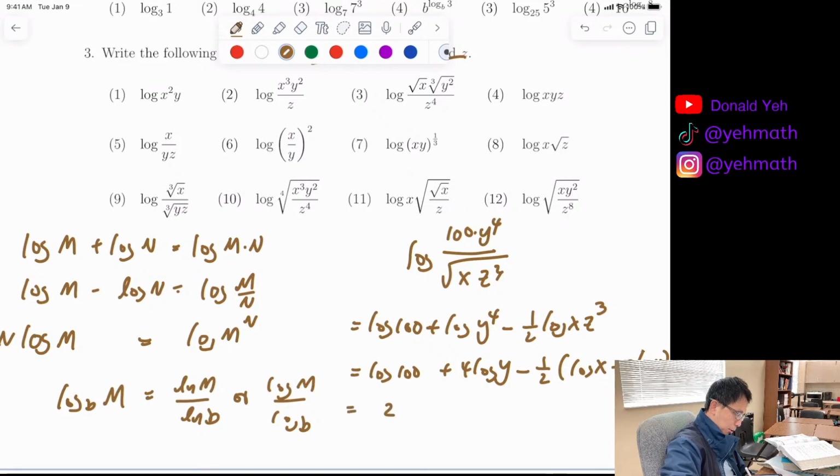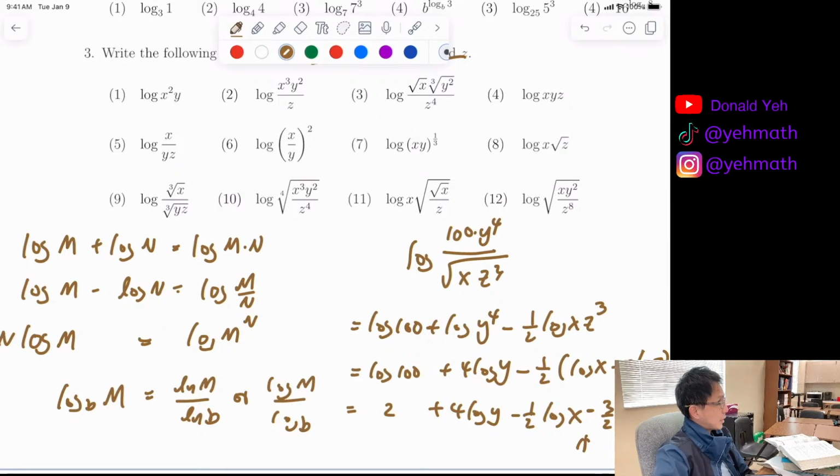So this is 2 plus 4 log of y. Okay, 3 log of z. Yeah, this is z. So minus half log of x minus 3 over 2 log of z. Now, some people think this is a positive. This is actually negative because they are in denominator. So that's how it expanded properly.